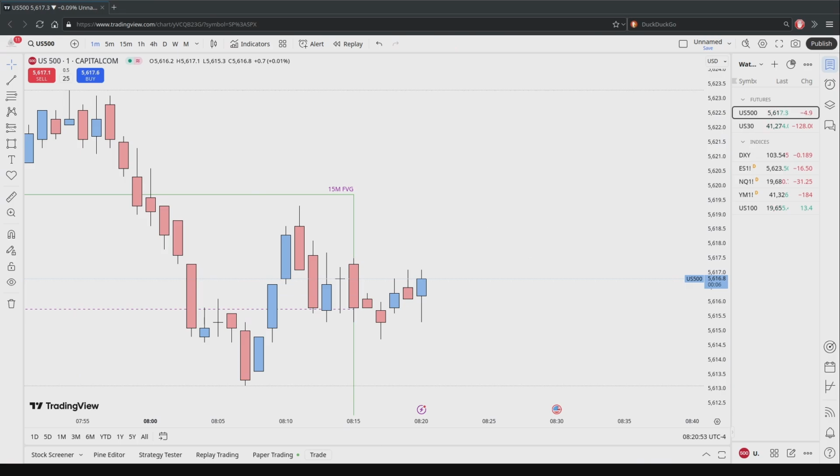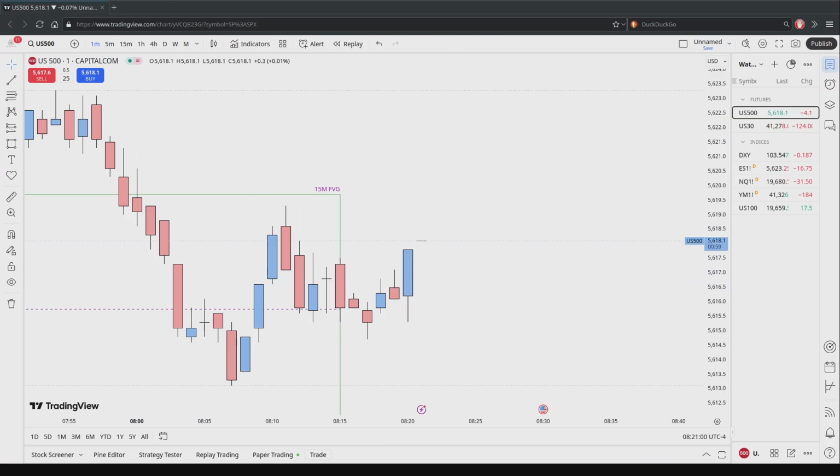That's the candle Friday, 14th of March, 1645 to be exact. And that was the exact candle. If you look at that candle, that's the order block. Fell out a bit from there on out.